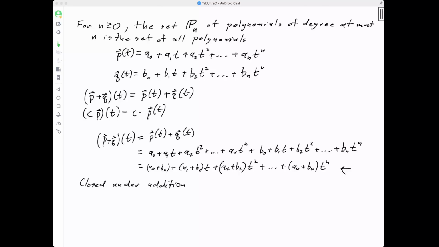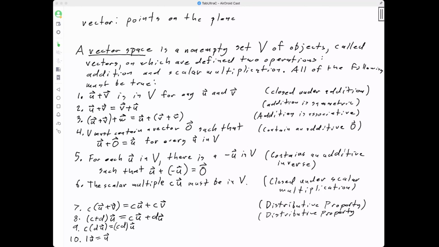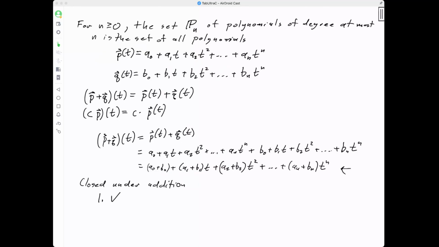And I'm not going to go through all of them, but that means that the first category works. And so to show that this is a vector space, I have to prove 10 different things. I have to do that kind of a proof for all 10 of these things. I'm not going to go through doing all 10 of those checks. I don't think it is worth our time.